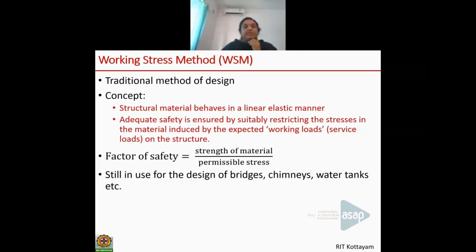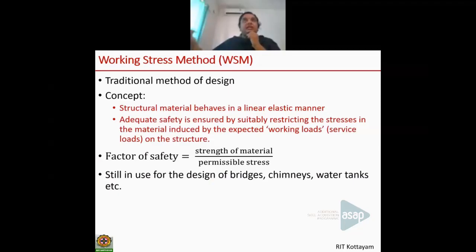That means the factor of safety is equal to the strength of the material divided by the permissible stress. Here we consider only the working load. That means, unlike in limit state design, there is no load factor. Here only the factor of safety.